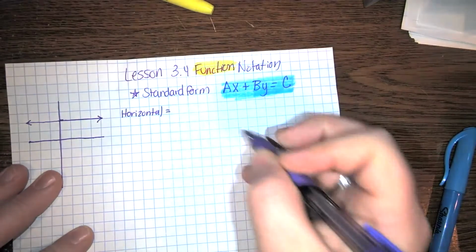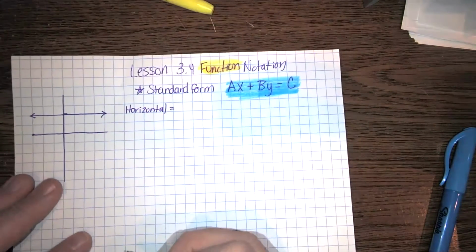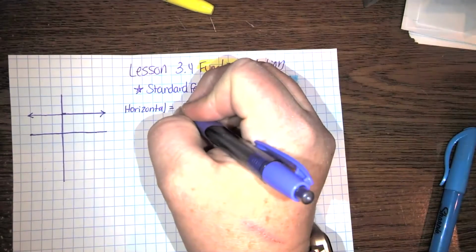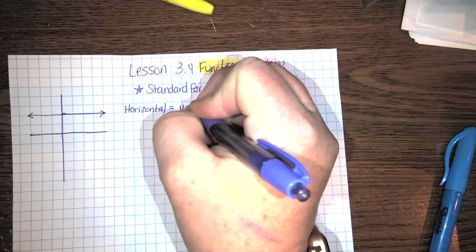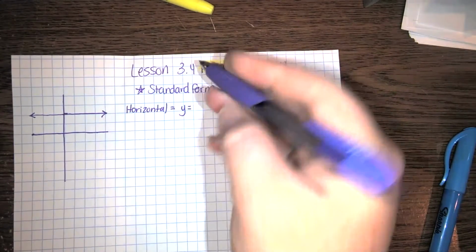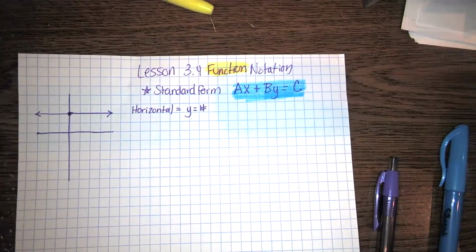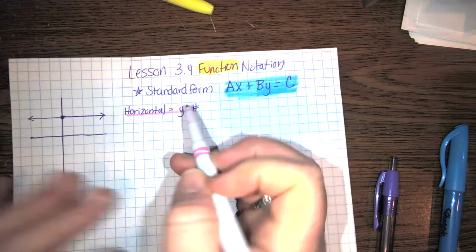But the important thing is that it actually is the formula y is equal to whatever number that it seems to hit on the y-axis.